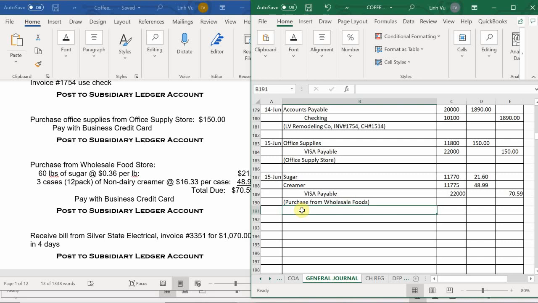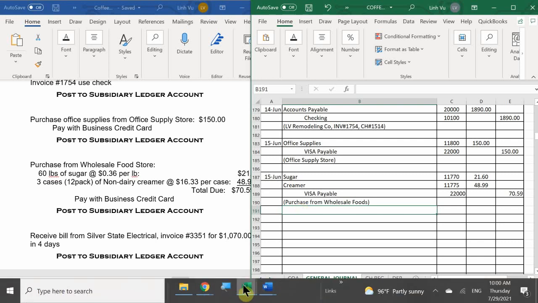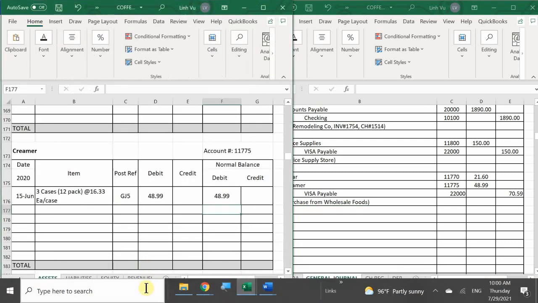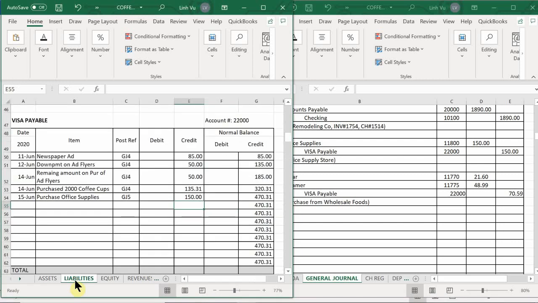And that is in my ledger account. In your ledger, but where? I'm looking. Hold on, one minute. Oh, under liabilities in my ledger account.